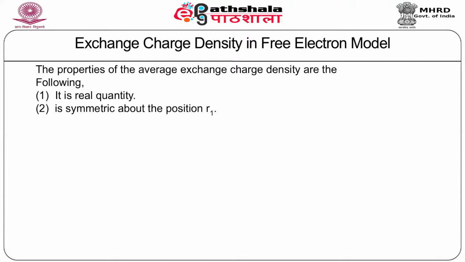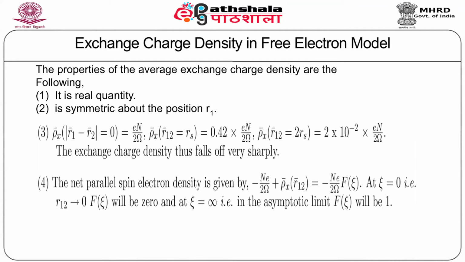The properties of the average exchange charge density are the following. Firstly, it is a real quantity. It is symmetric about the position R1. If we interchange R1 and R2, it remains invariable. And when R1 is equal to R2, that is modulus R1 minus R2 tending towards 0, as we have shown before, it is given by Ne divided by 2 omega.